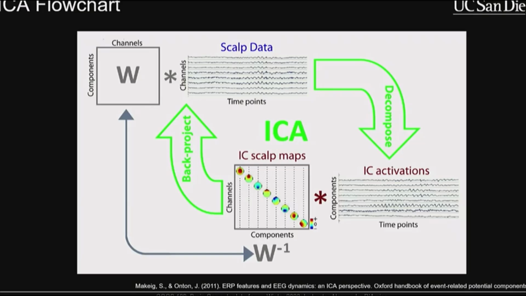Because our data do have spatial information encoded in them, the inverse of the mixing matrix essentially shows us how much contribution each of the individual sensors has, which we can visualize as these topo plots, as these scalp maps.